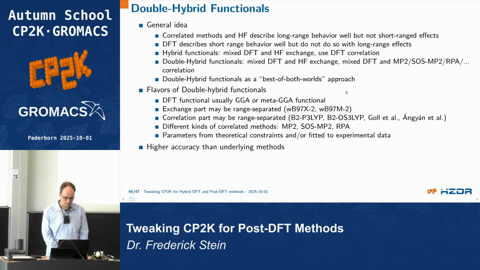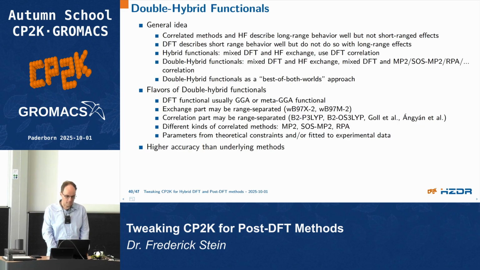There are, of course, again, as with hybrid functionals, different flavors of double hybrid functionals, depending on the underlying DFT functional, the underlying exchange part, the underlying correlation part, whether it is range-separated or not, what kind of correlated methods we use, and whether you fit all the different parameters to some theoretical constraints or to match experimental data.